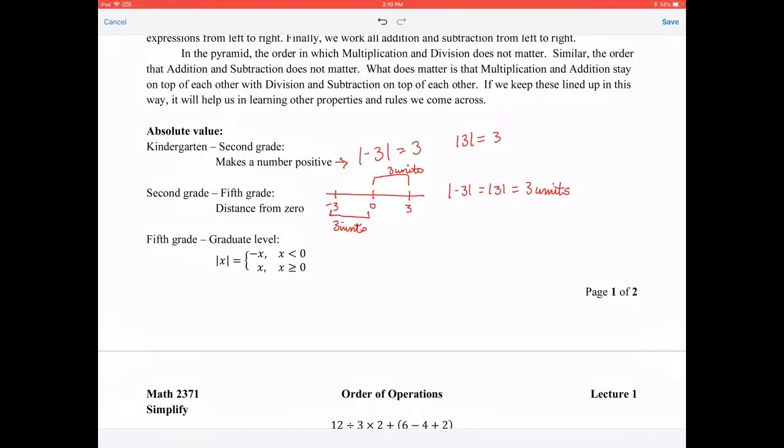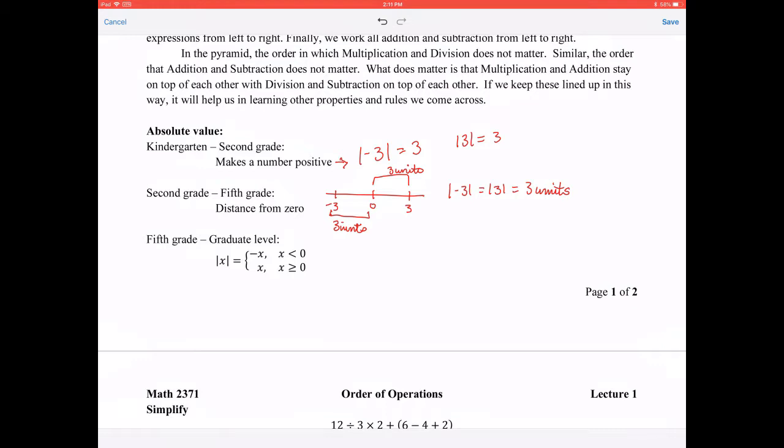From 5th grade to forever, when we talk in mathematics, what we're talking about is a piecewise defined function. We're talking about a function that is defined in different pieces.